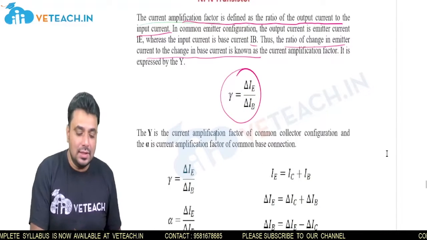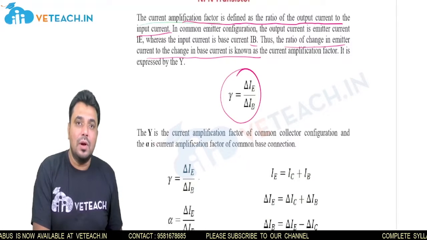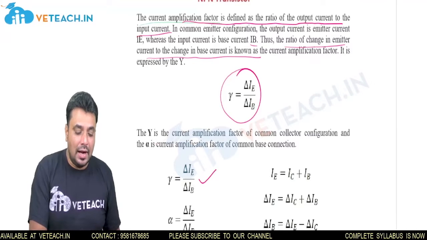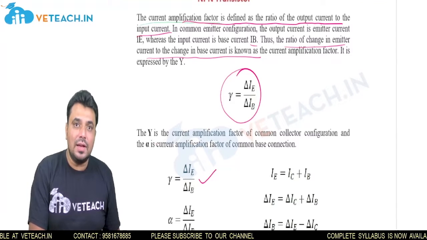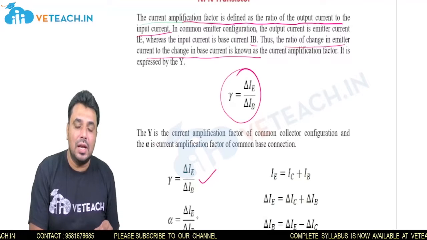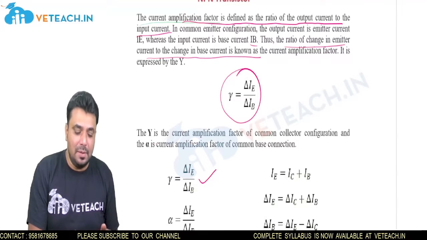Now you can get the relation between gamma and alpha here. Gamma is the change in output current by change in input current, and alpha is the change in output current in the common base configuration. For the common base configuration, alpha is the change in collector current by change in emitter current.